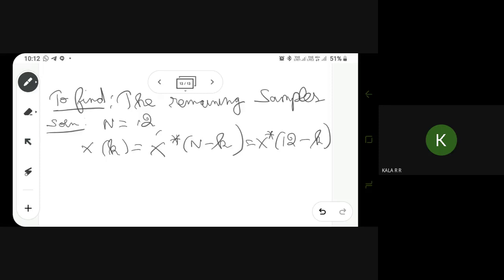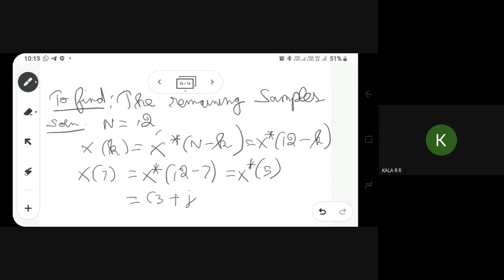So now what you need is the samples. Okay. So for your x of 7, you have to put x star of 12 minus 7. So it will be x star of 5. So your x of 5 is nothing but 3 plus j.